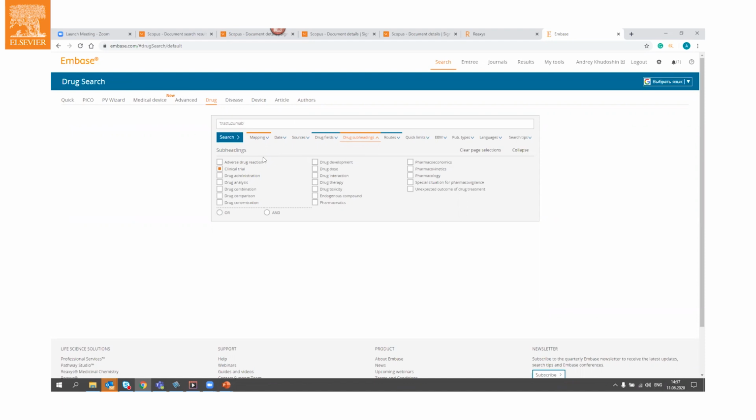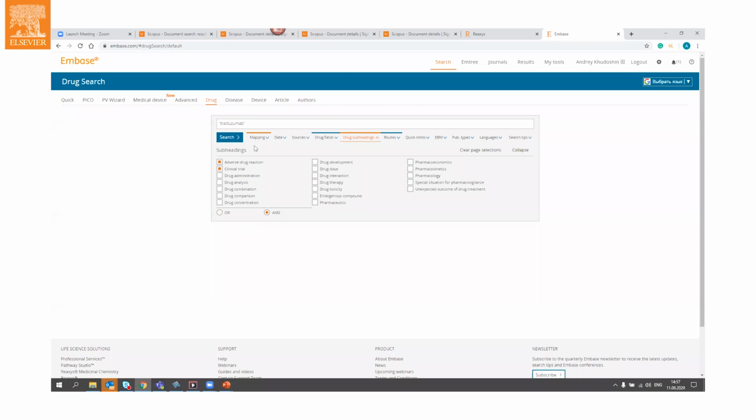In addition, if we are interested in drug interaction or adverse drug reaction, we can select another subheading, and we can even select how they relate with each other. So if we are interested in either clinical trial or adverse drug reaction, we need to choose OR. But if we are interested in adverse drug reaction which was obtained from clinical trials, we need to choose AND.